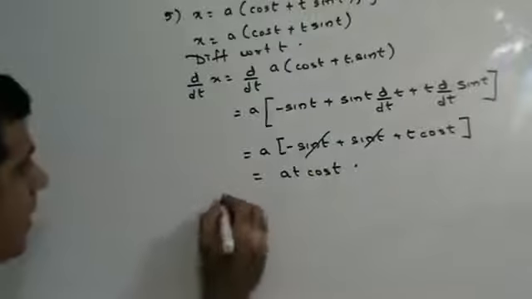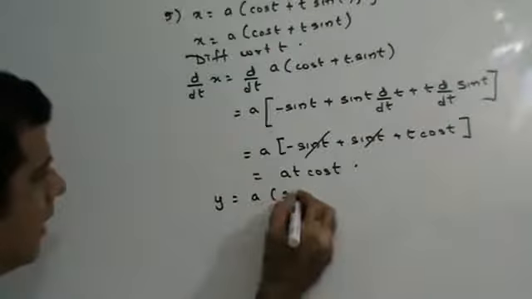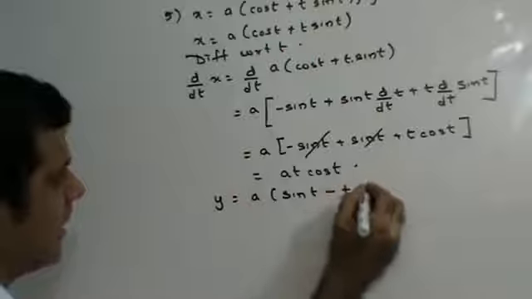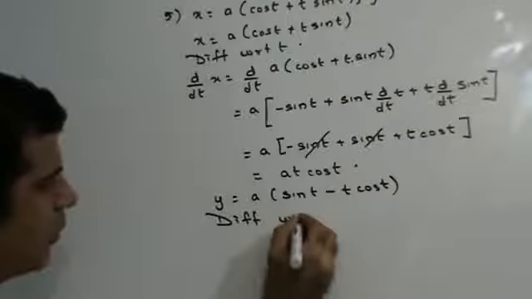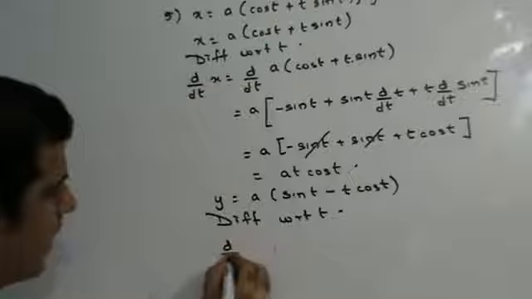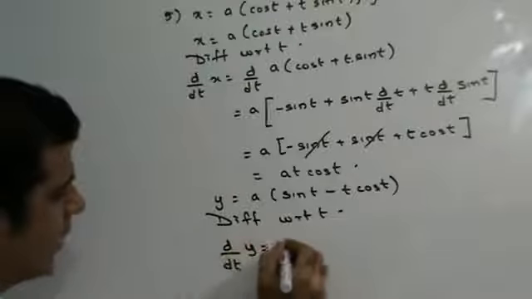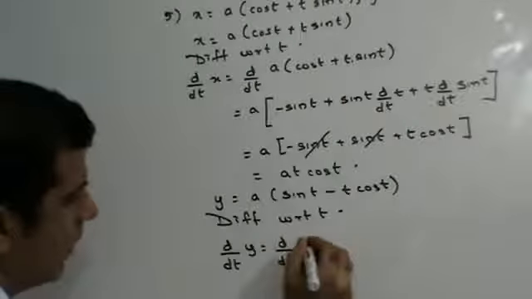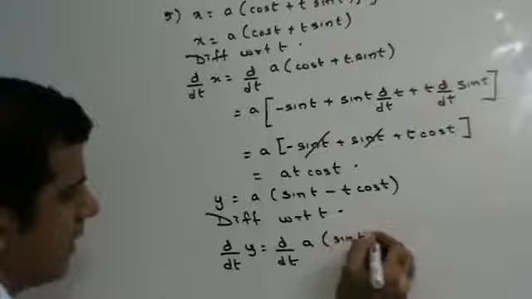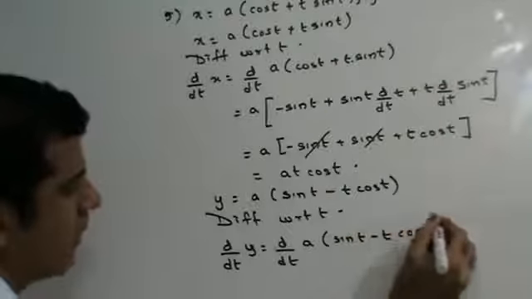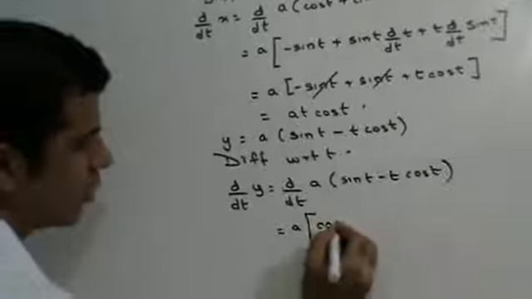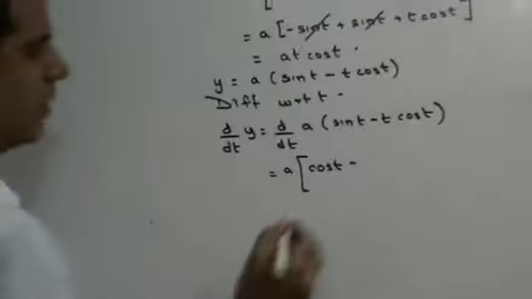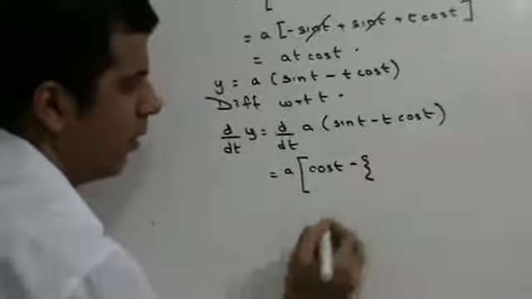Next I can say y is equal to a (sin t minus t cos t). Differentiate with respect to t. So d by dt of y is d by dt of a (sin t minus t cos t). a as it is, d by dt of sin t is cos t, minus, you will use the uv formula again.